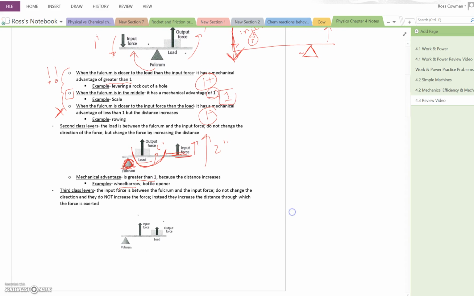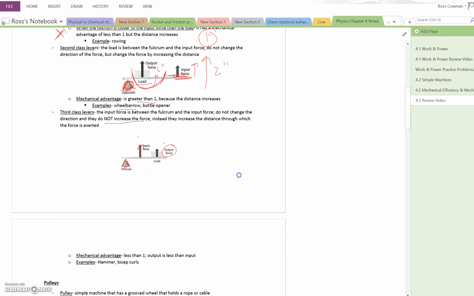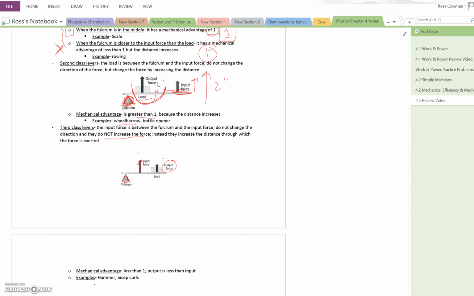A third-class lever, you've got the input force in between. So this is where you are loading it, in between the output and the fulcrum. If the fulcrum's over here, this is the output force, and you are the one pulling up here. They do not increase the force because they actually increase the distance that you have to pull on. So this is the example of the hammer, right? Or the bicep curl.